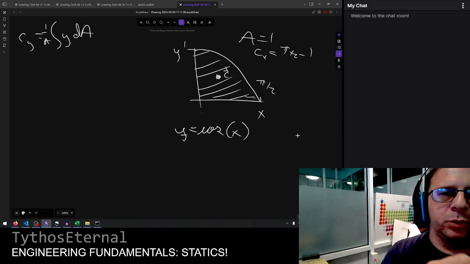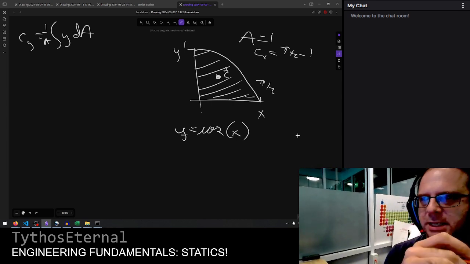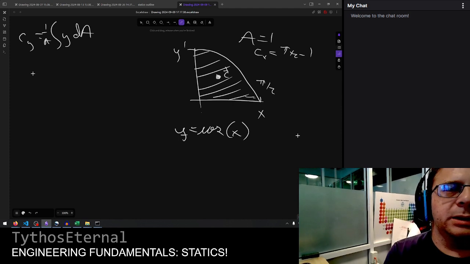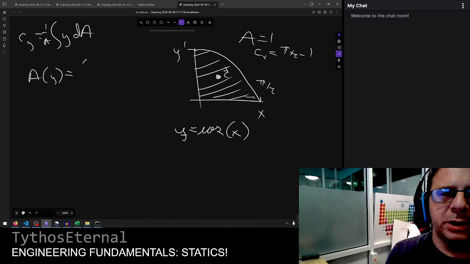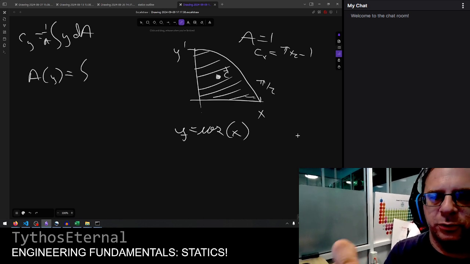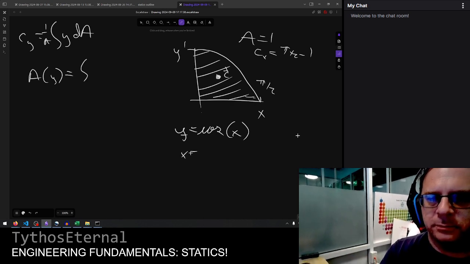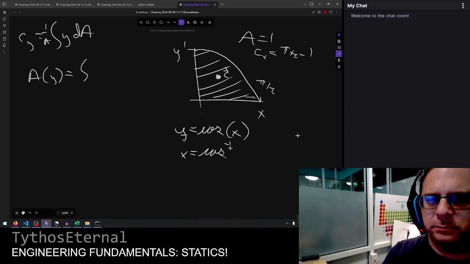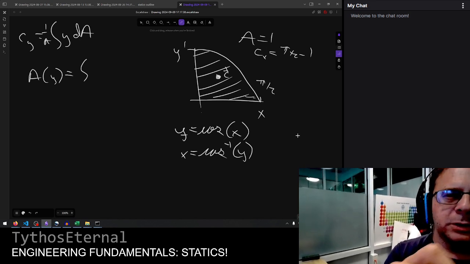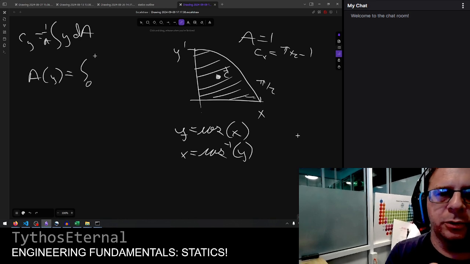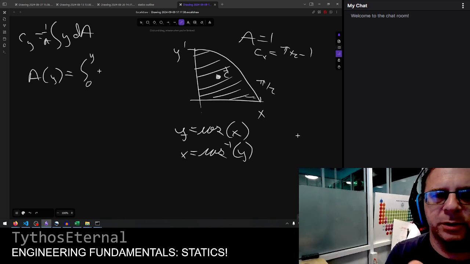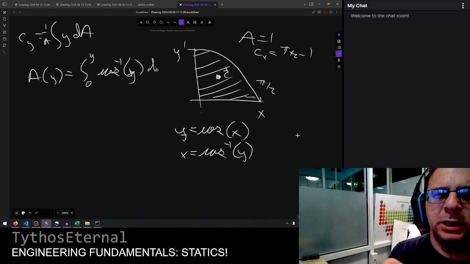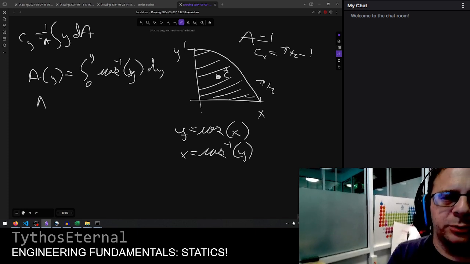We'll go ahead and determine dA in a similar fashion, by, if we wanted to express the area as a function of y, we would integrate this function, which of course is the integral from 0 to some value y of inverse cosine of y dy. Differentiate both sides with respect to y.